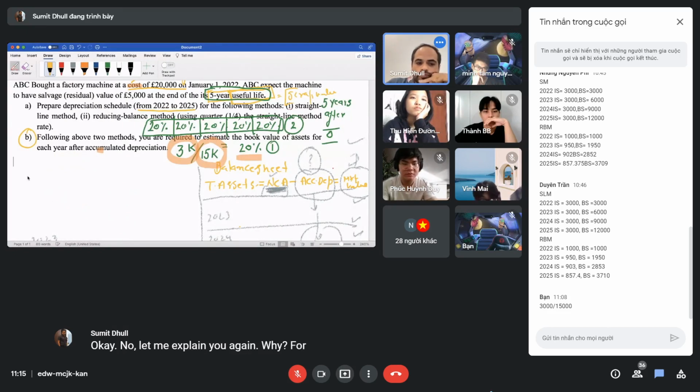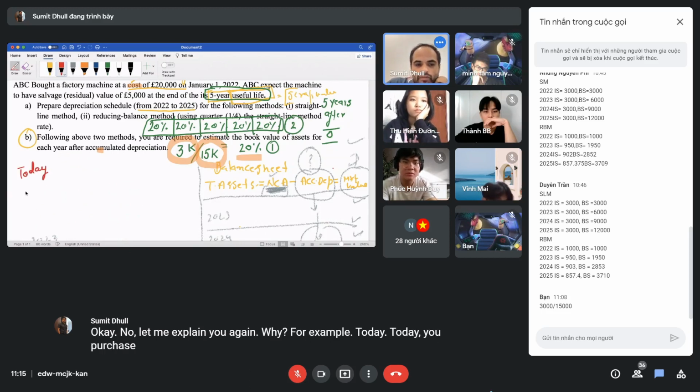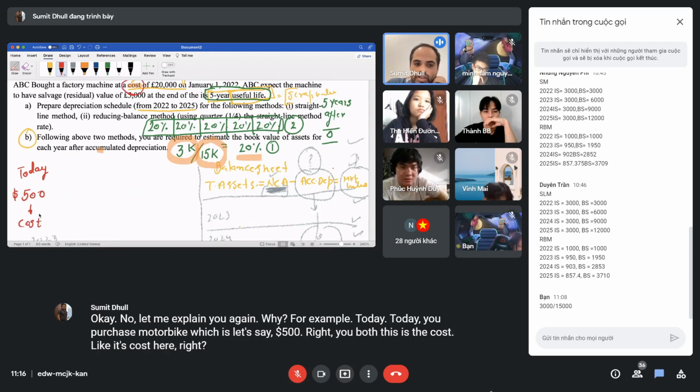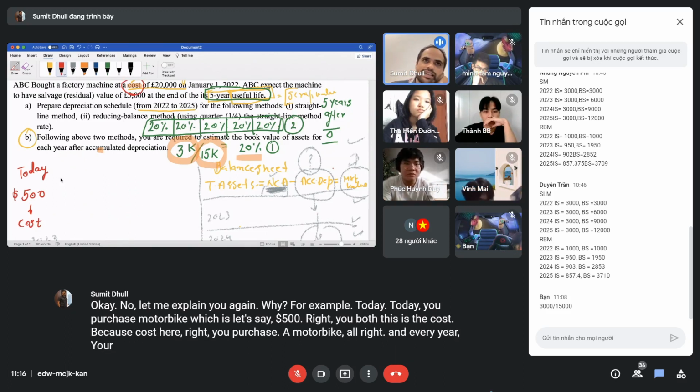For example, today you purchase a motorbike, which is let's say $500, right? This is the cost. You purchase a motorbike, all right? And every year your depreciation is, let's say, $100.